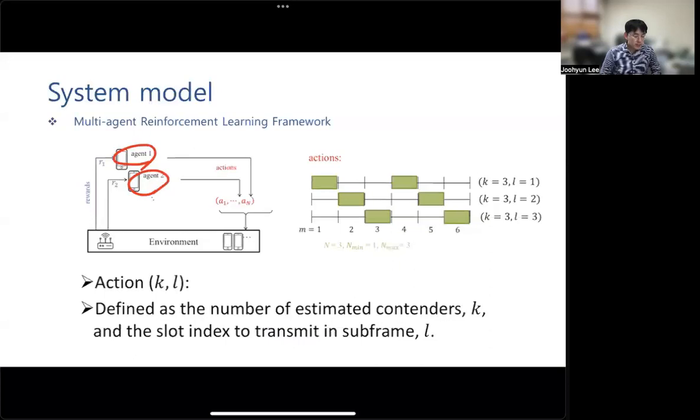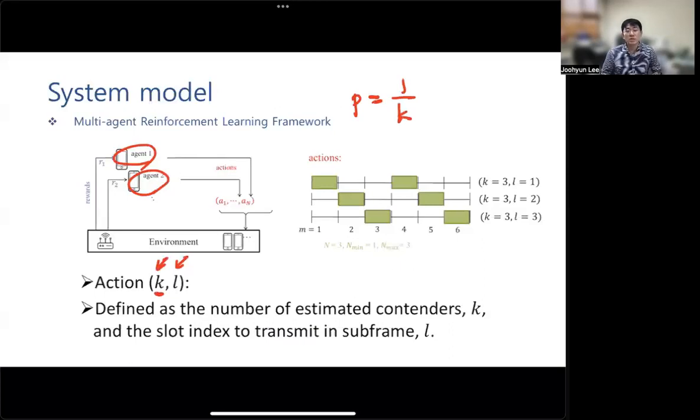And here in our frame structure, we define an action as a tuple of two numbers, k and l. And k is sort of the number of active users that are around, so that we can transmit in a number of slots roughly proportional to 1/k. In other words, we want to have transmission probability equal to 1/k if this action chooses some specific k.